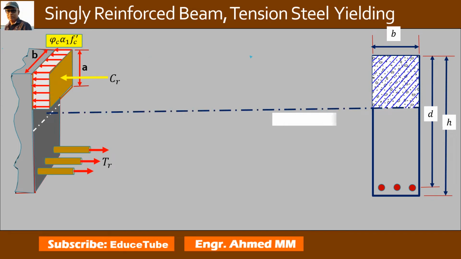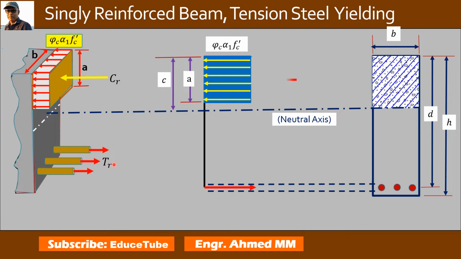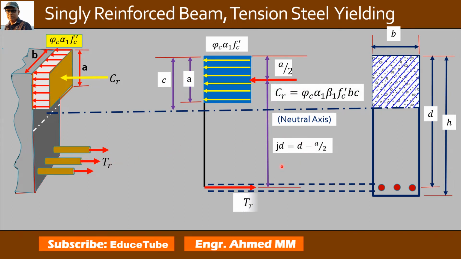As you understand, the internal bending moment developed at any location within a beam is resisted by a force couple. As I said, it is CR and TR. And this CR and TR are separated by a lever arm JD. We can see here.